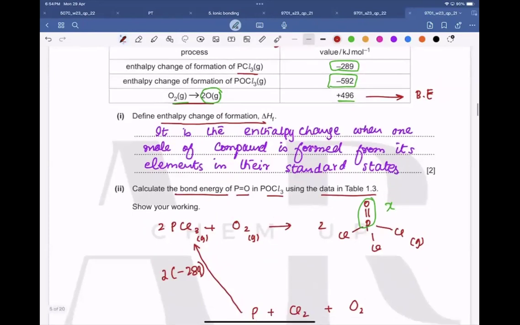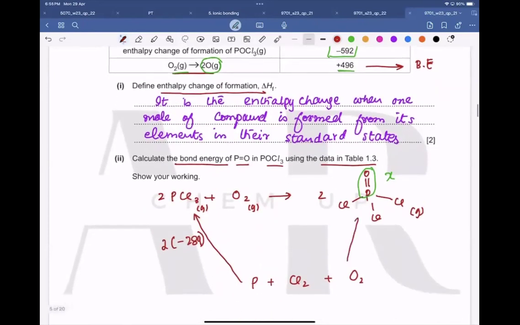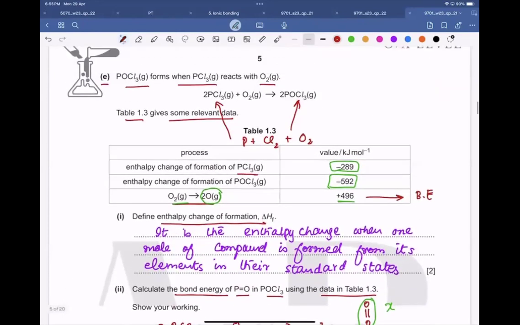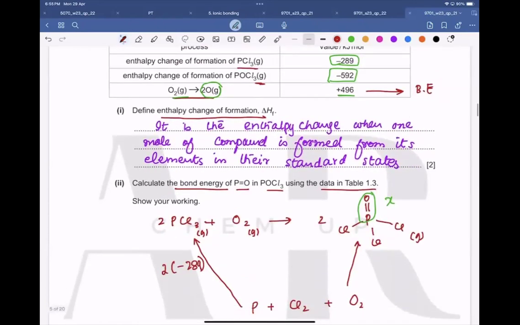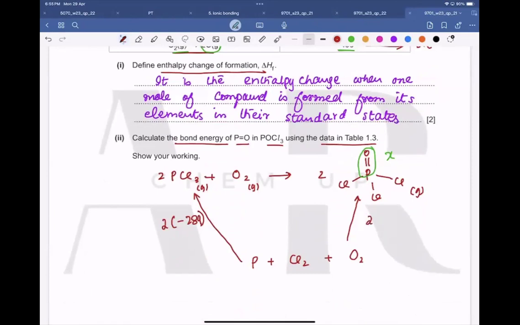Then here POCl3 is formed and its change would be minus 592 and 2 moles are being formed. So 2 times minus 592.